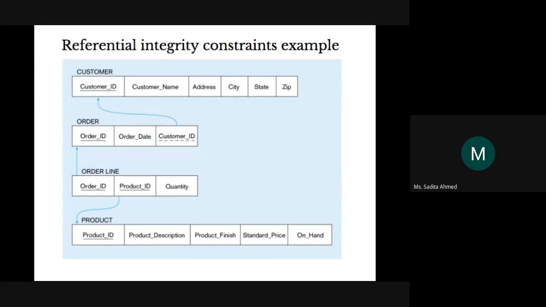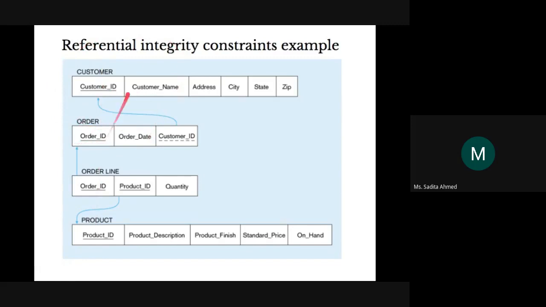Why? Because we are not deleting the product ID from the origin table. I am not deleting product ID from the parent table, the product table. We are deleting it from the order line table, which is referencing the origin.